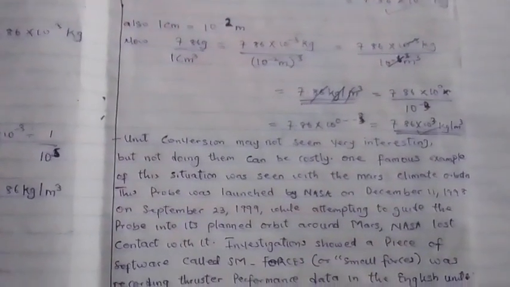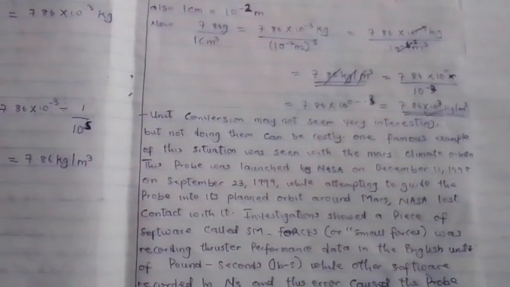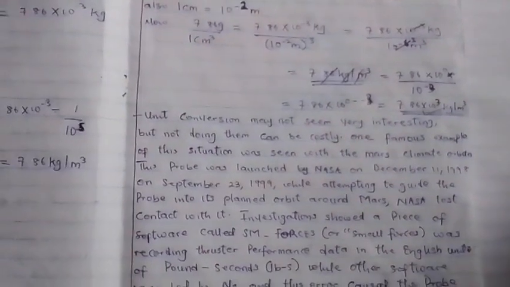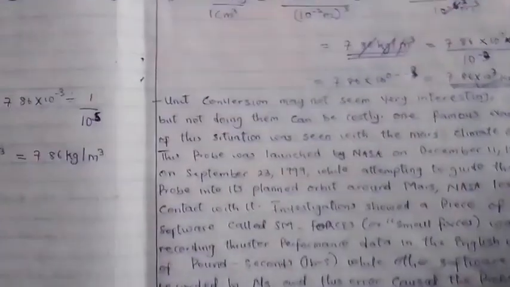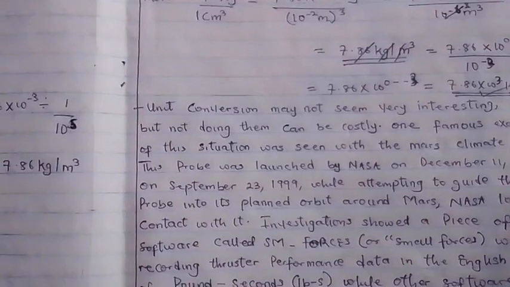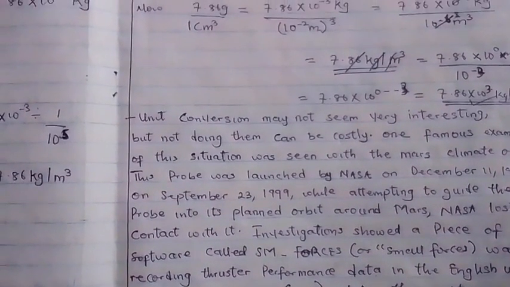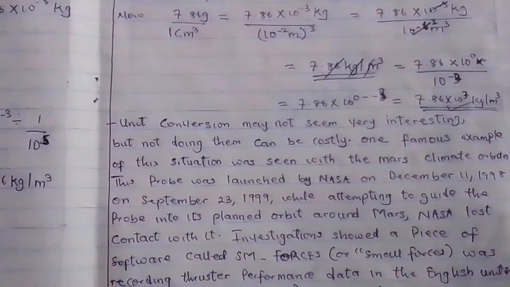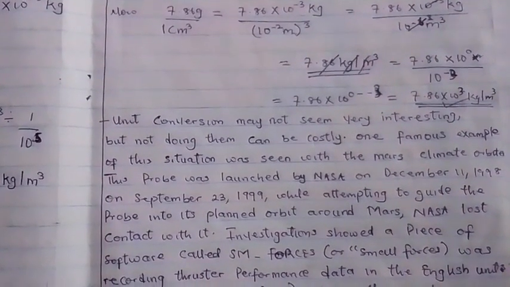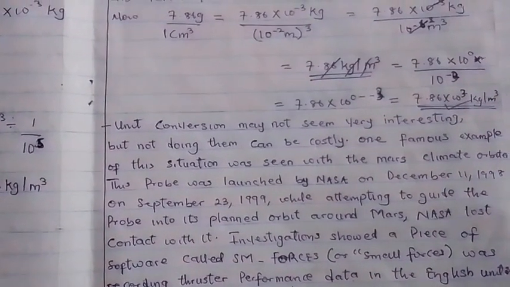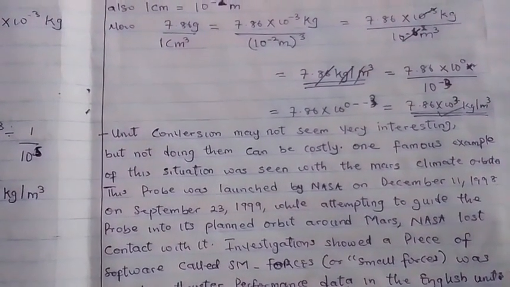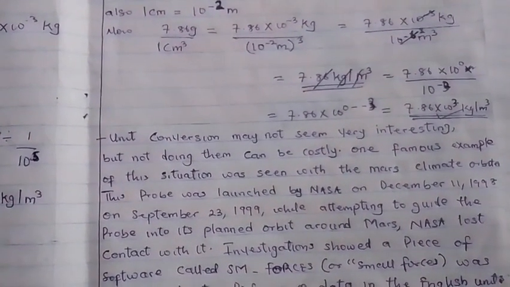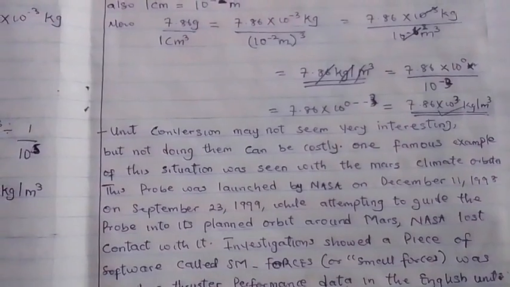Unit conversion is not always interesting, but it is very, very important because it can lead to a very big problem, and it has even led to problems in the past. For example, the Mars Climate Orbiter launched by NASA on December 11, 1998. On September 23, 1999, they were making an effort to guide the orbiter into its planned orbit, and NASA lost contact with it.